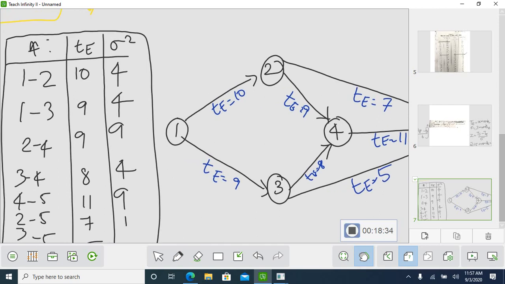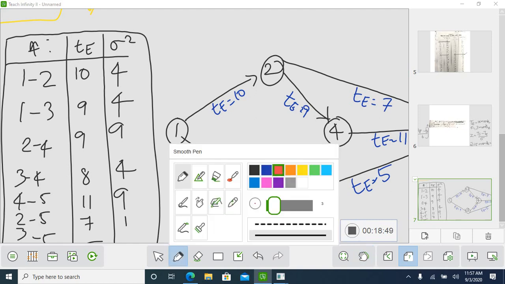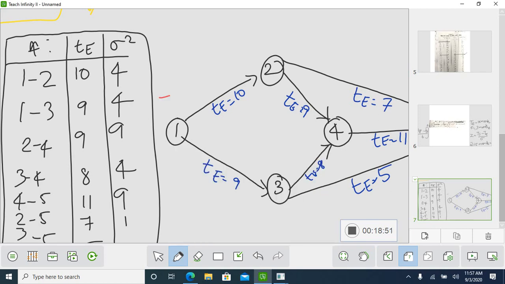So next, you found all the small TE, expected time. Next you will be finding the capital T. I will solve it in this diagram only. You just draw the tabular column and try to work it out. Okay, so I'll be doing it in the network diagram directly. T equal to 0. For 2, T equal to 0 plus 10, 10.